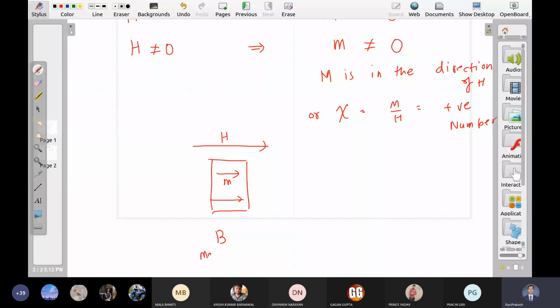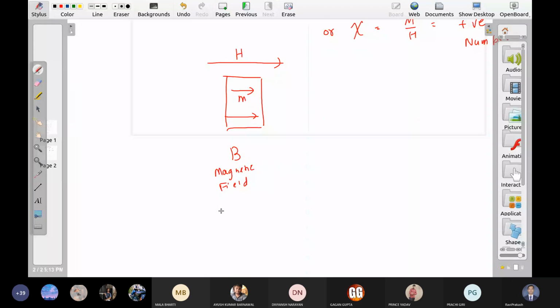Magnetic field inside the material is equal to mu naught H plus M, which is greater than mu naught H here. Okay. So magnetic field inside material is greater than applied field for paramagnetic substances.